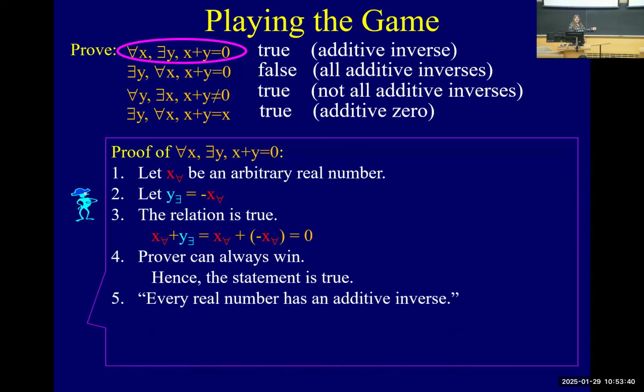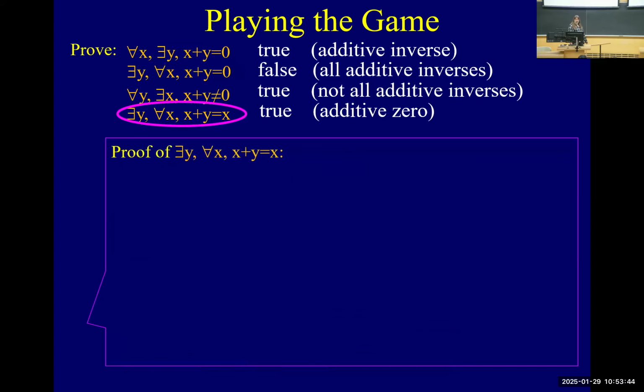And then we could even say, what does it mean? Every real number has an additive inverse. All right, so I guess we skipped down to this one for some reason. It says there exists something. We read it left to right. There exists the y, so I have to come up with a y.